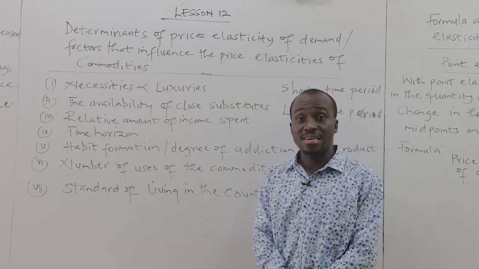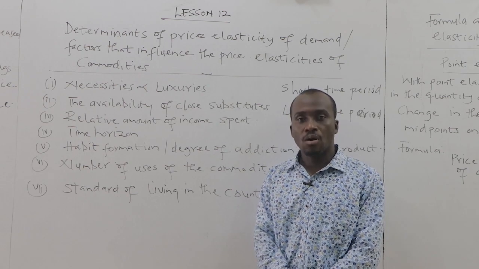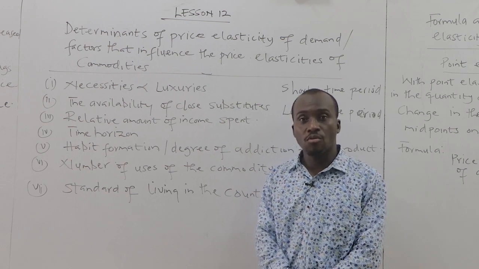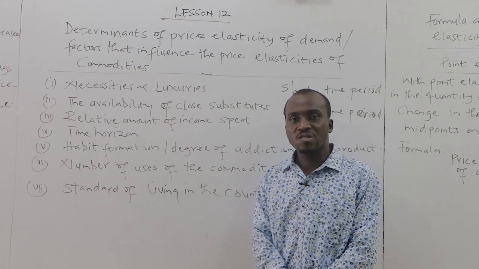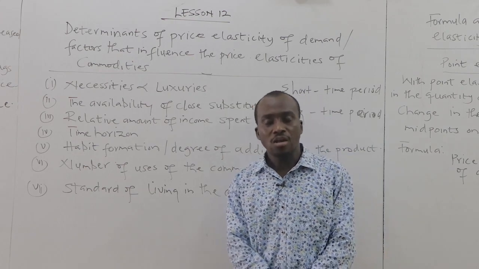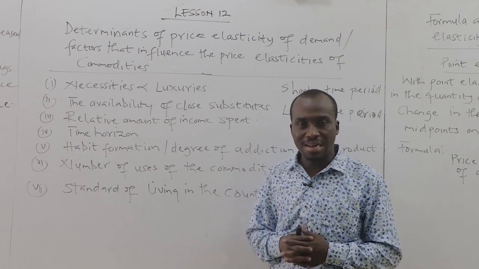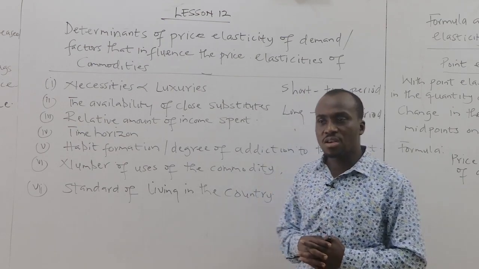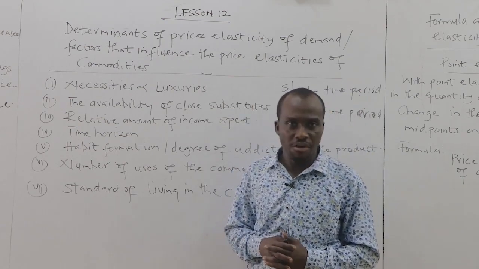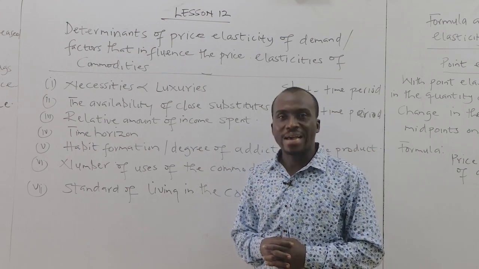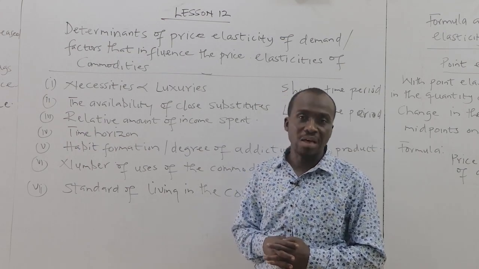Such a person doesn't care whether the price of BMW or Mercedes has gone up; the person will still demand the BMW cars. So we say the person's demand is inelastic. When people develop addiction for a product, they don't care about how cheap the other products are.